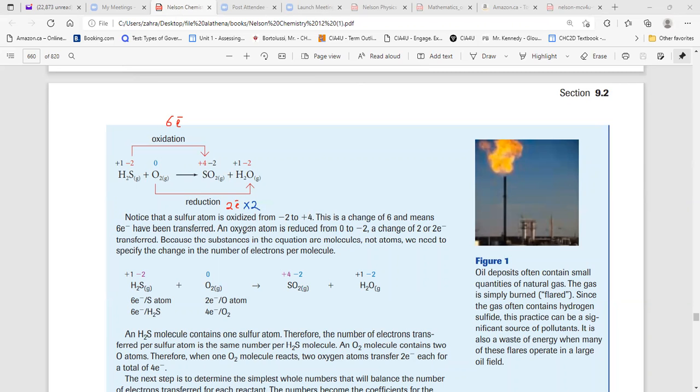Okay. Now, since the electrons need to be balanced, the electrons gained should be the same as the number of electrons lost, right? What should I do to make these two numbers the same? Here is 6 and here is 4, right?